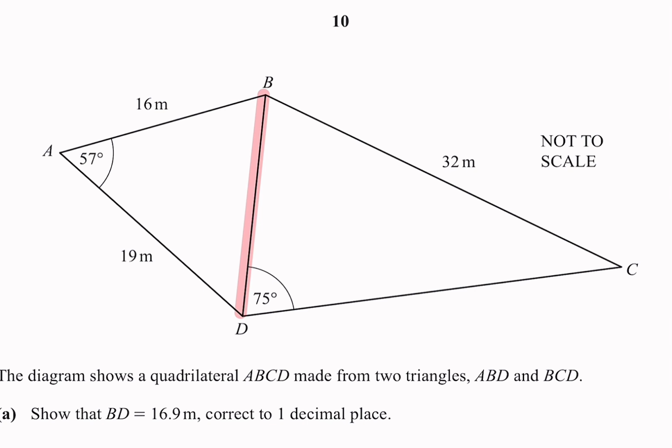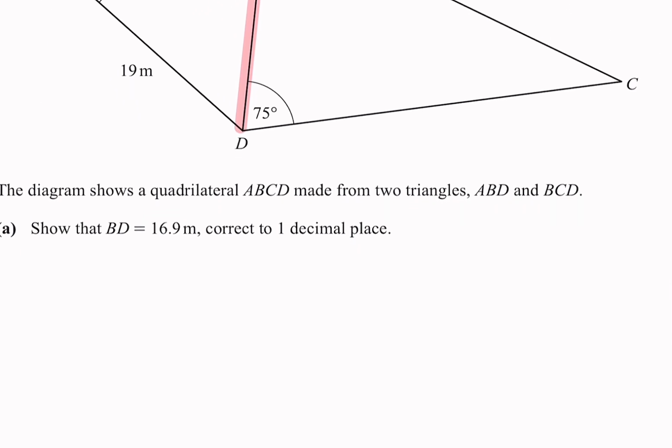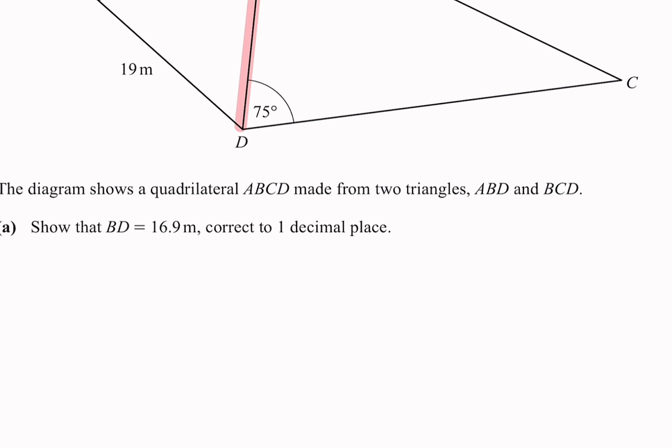And next, we will focus on the triangle ABD. Therefore, I will use this formula. BD squared is equal to B squared plus C squared minus 2BC cos BD.